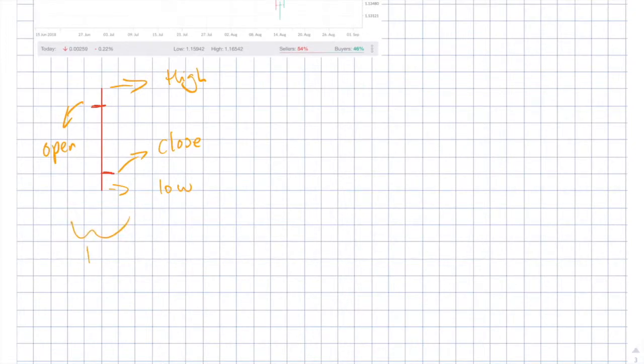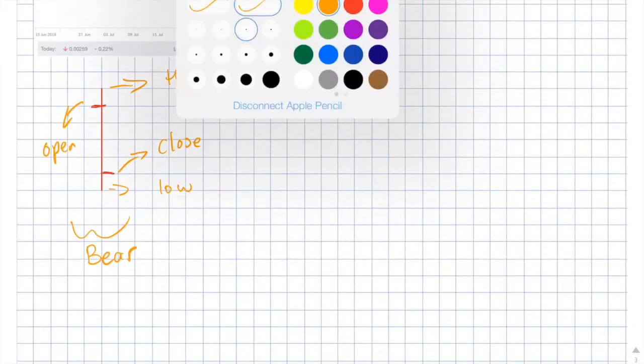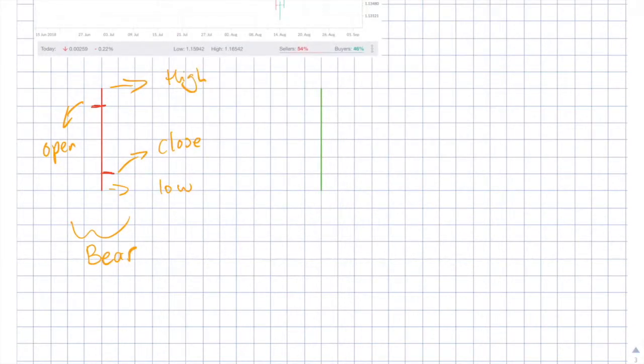And I'm going to draw the bullish bar right now, and I'm going to show you that the high is exactly the same and the low is exactly the same, in the exact same place, but the open and close prices are different. So now the open price is at the bottom and the close price is at the top. When the close price is above the open price, that's a bullish bar, so it's increasing.